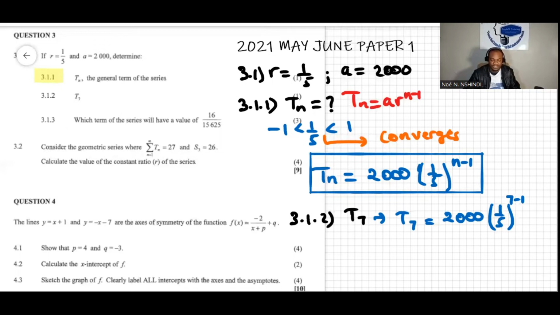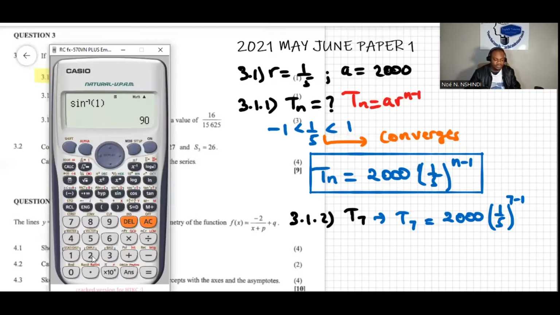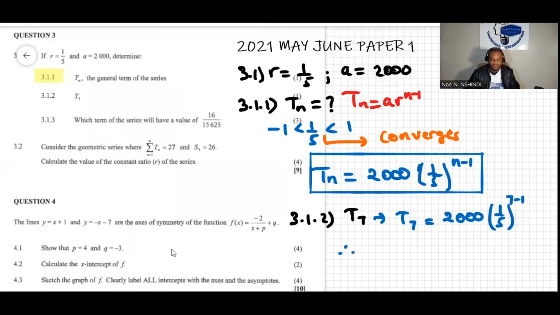We can use a calculator for that: 2000, open brackets, 1/5, close brackets, to the power of 7 minus 1. When we hit equal, we have 16/125. So therefore T7 is just 16/125.